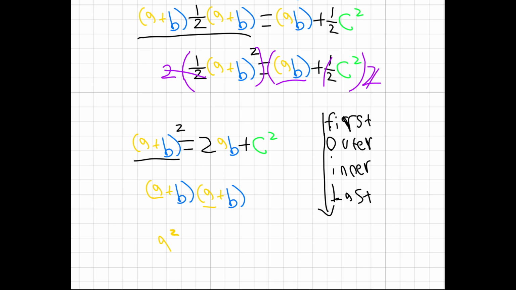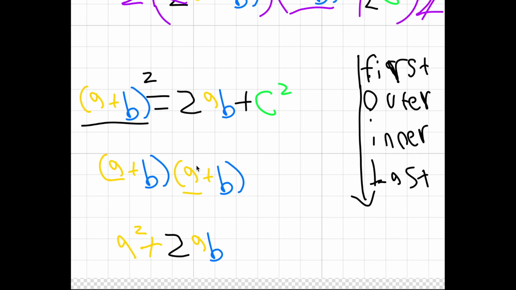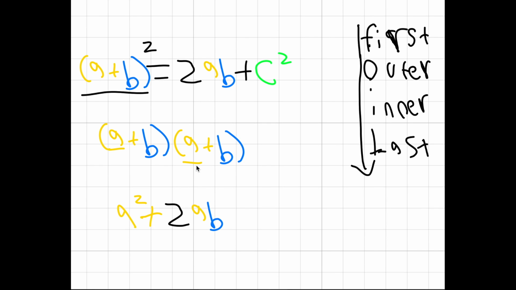And then if we do the inner, b times a, ab, so it's going to be ab plus ab, which is just 2ab. Okay, a squared plus 2ab plus last. Last is b times b, which is just b squared.